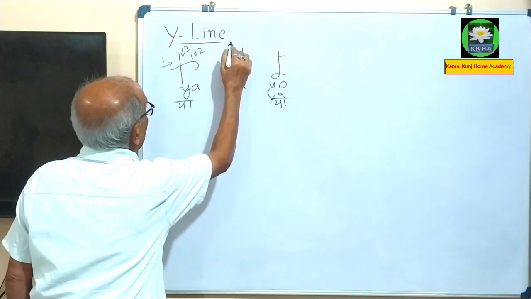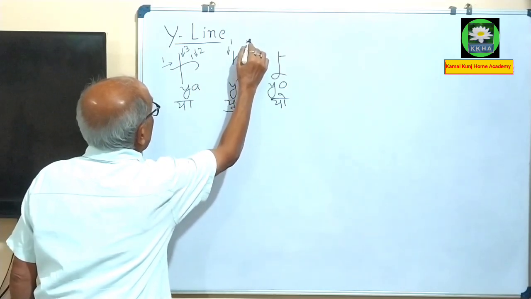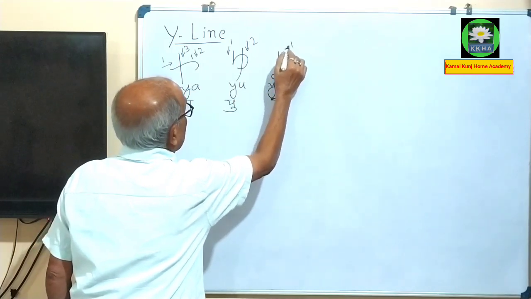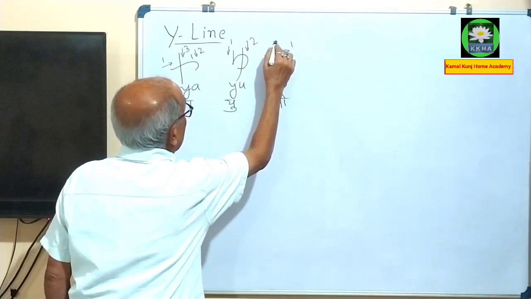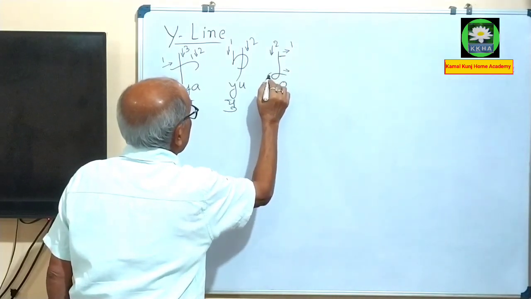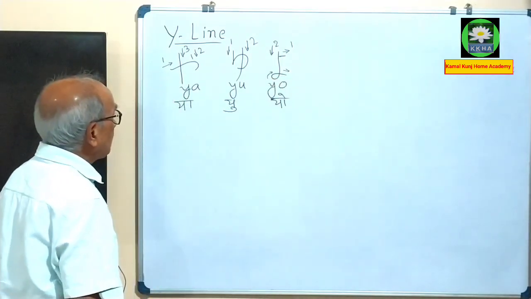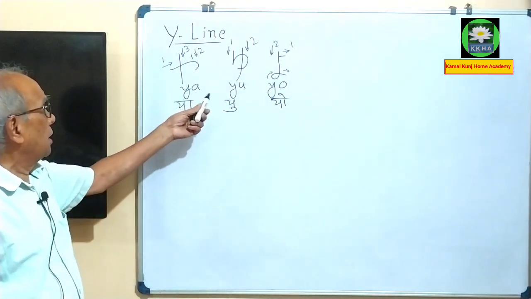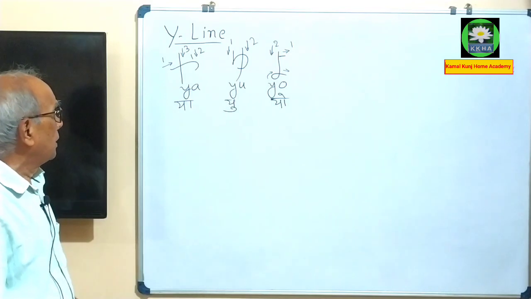Here, stroke number 1, stroke number 2. Here, stroke number 1 and stroke number 2. So these are Y-line Hiragana: Ya, Yu, Yo.